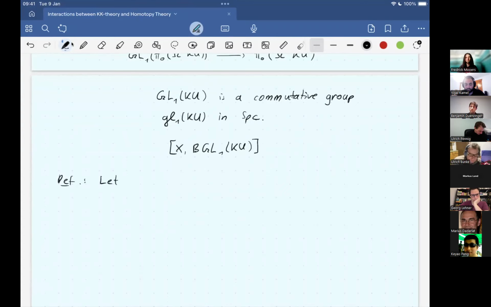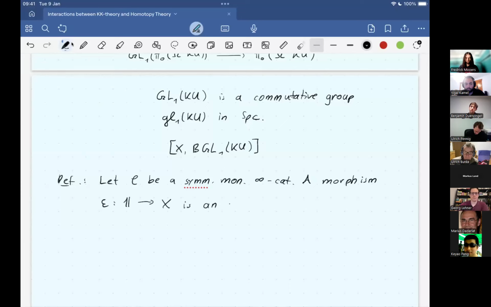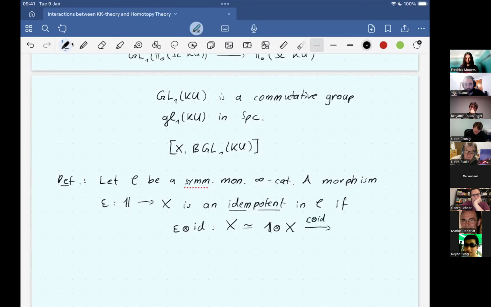If I have a symmetric monoidal infinity category C, then a morphism in this category, epsilon, from the unit object to some other object x, is an idempotent in C if the morphism epsilon tensor x, from x, which is equivalent to 1 tensor x, which then goes to x tensor x, is an equivalence.